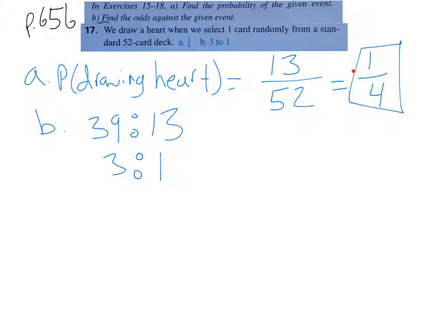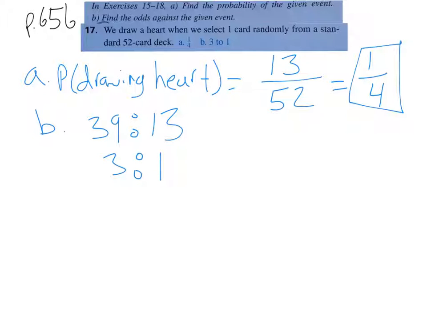That means it can occur one way to the 3 ways it can't, right? Because 1 and 3 make 4. So 1/4 means 1 out of 4 it'll be hearts, 3 out of 4 it won't. That's also what this says, right? 3 out of 4 ways it won't be a heart, so this is the odds against, to the 1 way that it will.